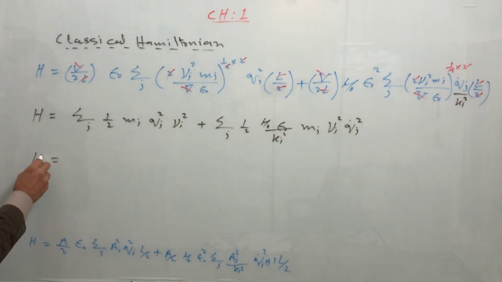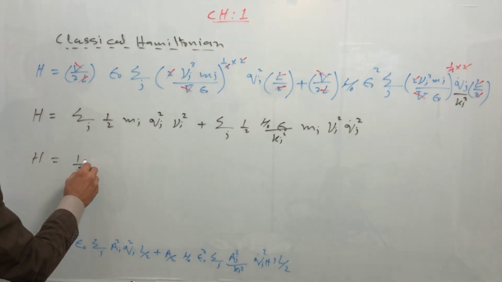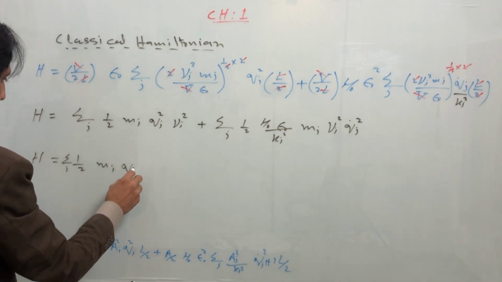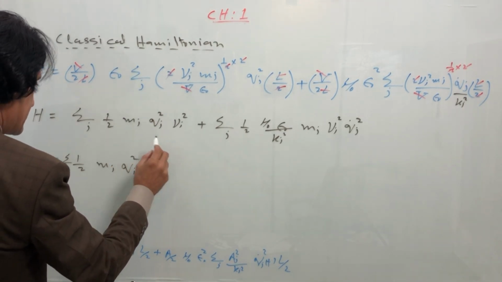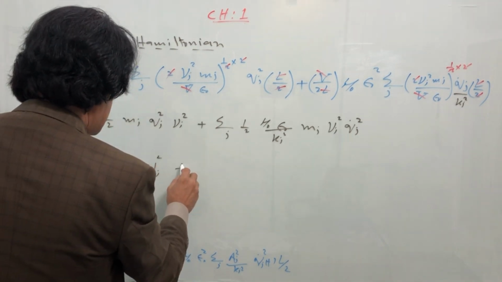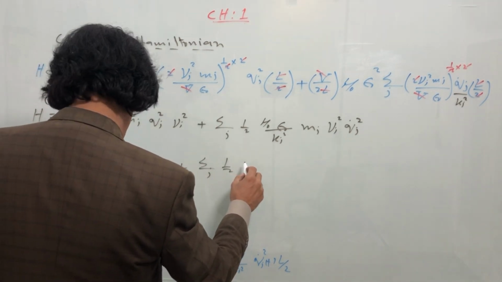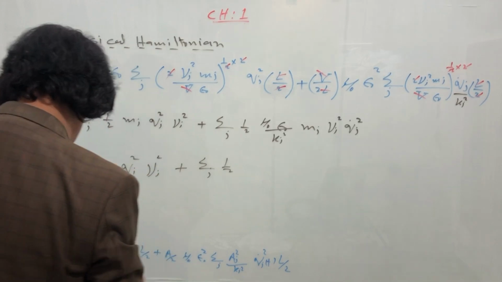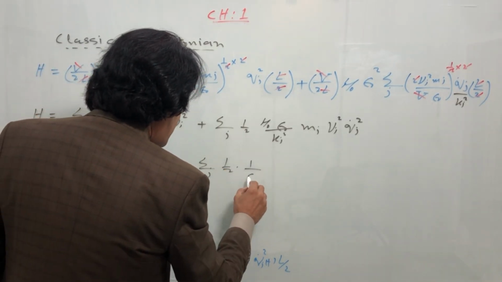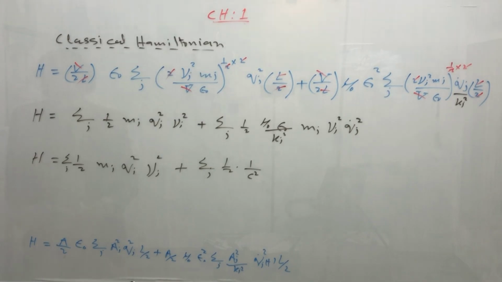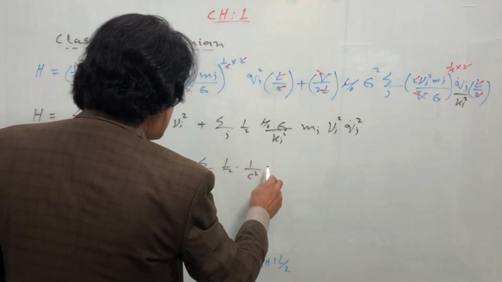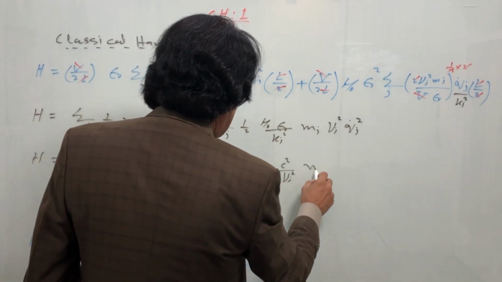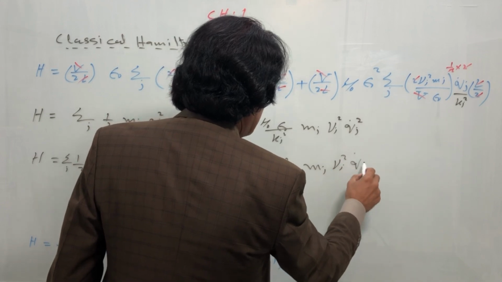And then 1 over 2 summation over j of mj qj square nu j square, plus summation over j of 1 over 2, and here one thing we can consider: mu naught epsilon naught, the value of this is 1 over c square, and the value of kj square is actually c square divided by nu j square, with mj and nu j square q dot j square.